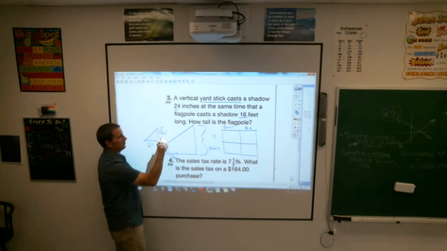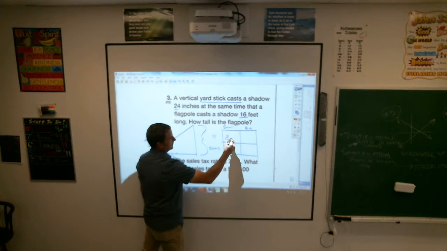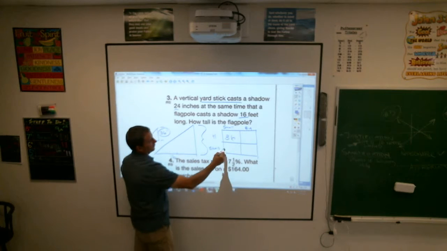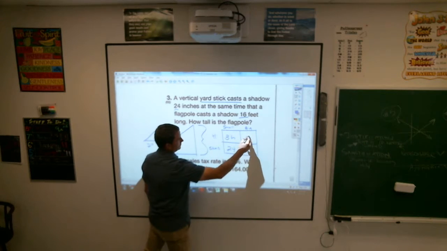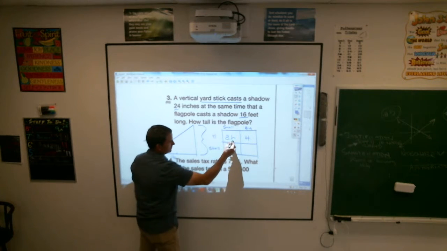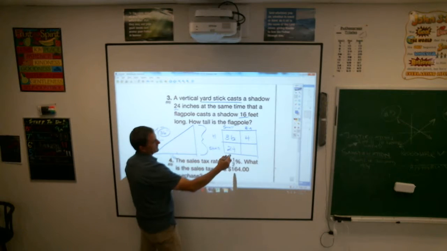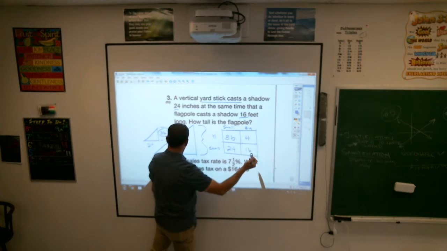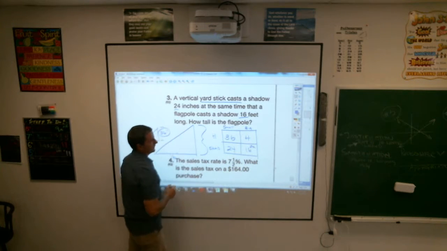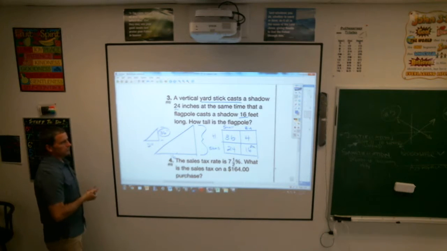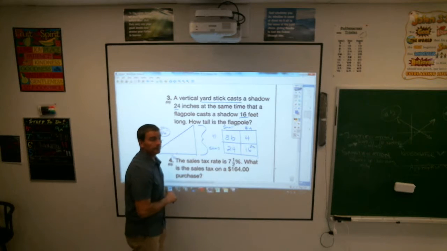The height of the small one is 36 inches. Its shadow is 24 inches. The height of the big one we don't know. And the width of the big one is 16 feet, or whatever it is, yards. That's fine. So then you just have to find the missing thing.